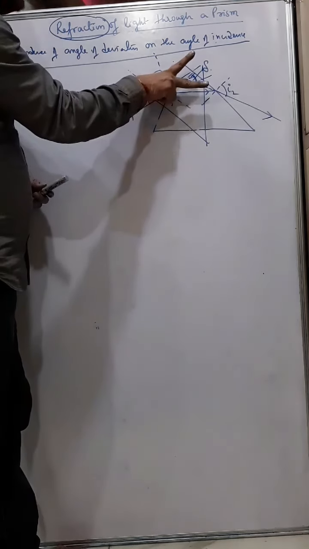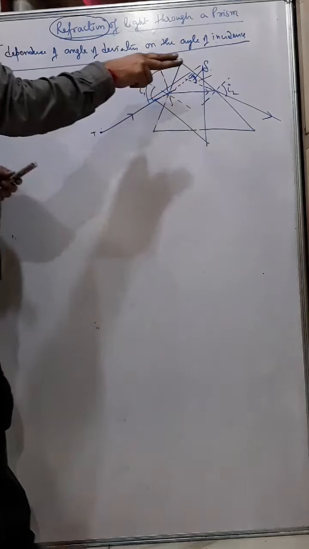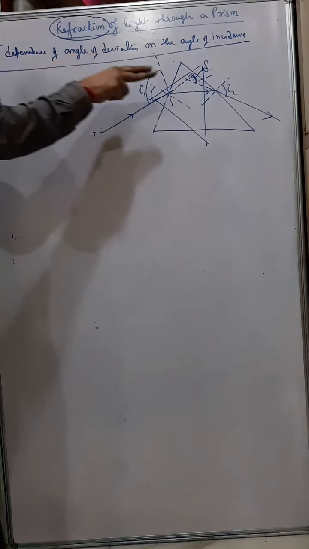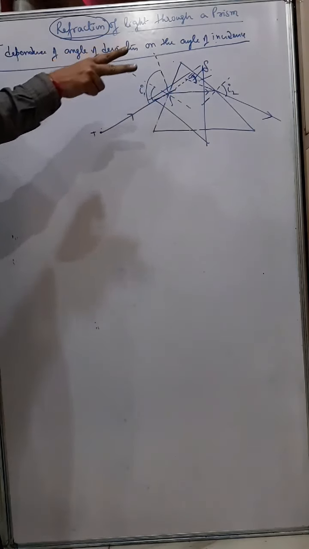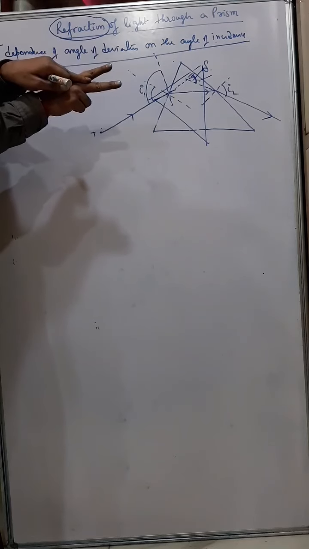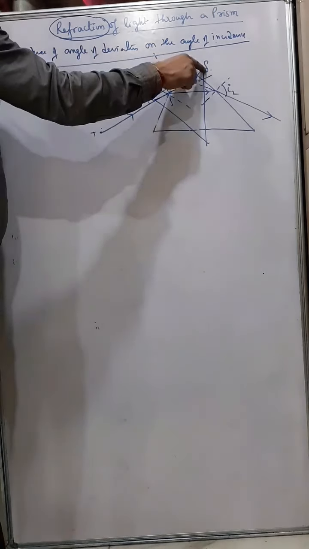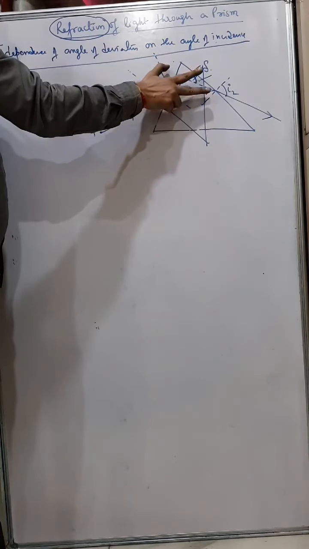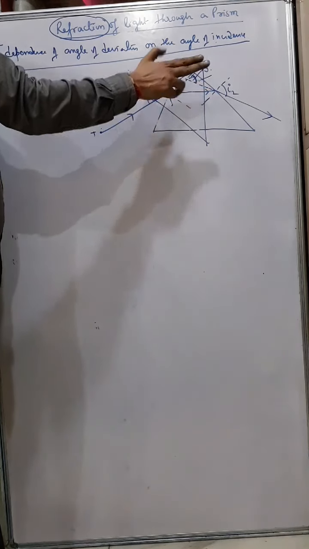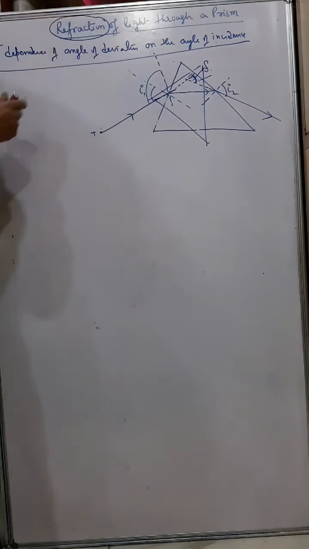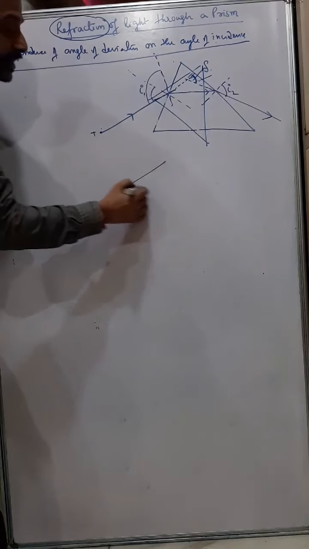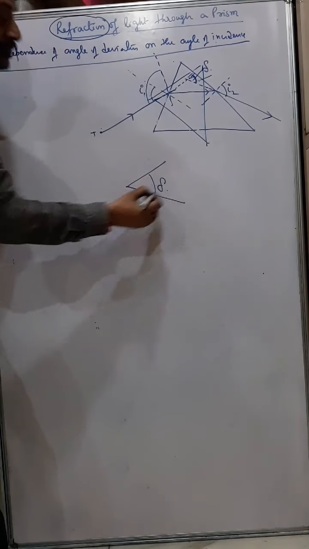So the angle of deviation starts decreasing, right? But after reaching a minimum value, the angle of deviation cannot decrease and decrease continuously. Now this is the angle of deviation for this particular angle of incidence.